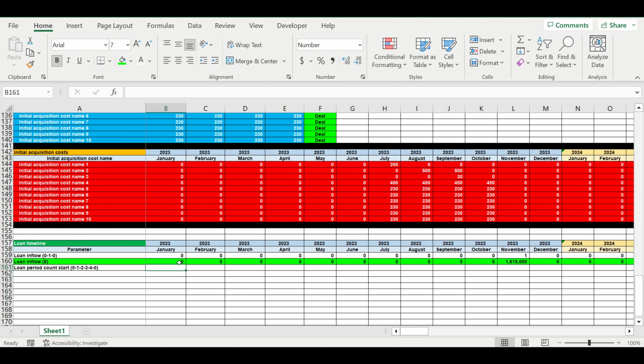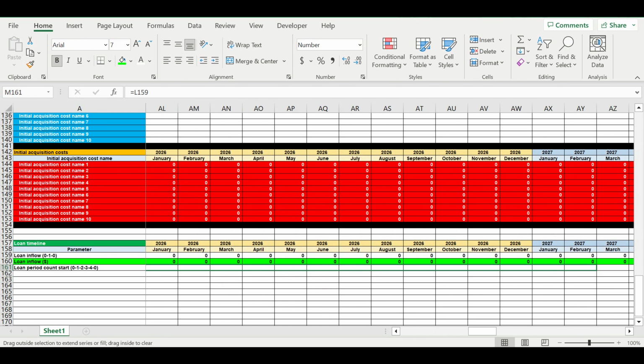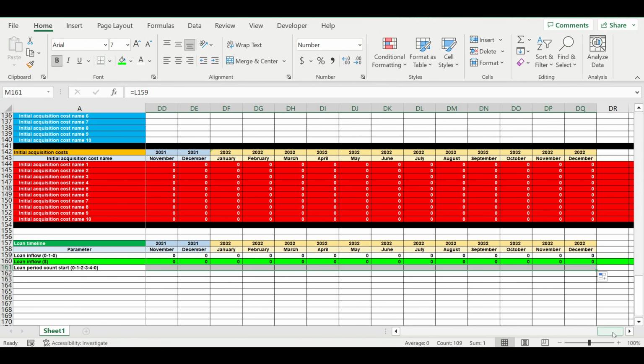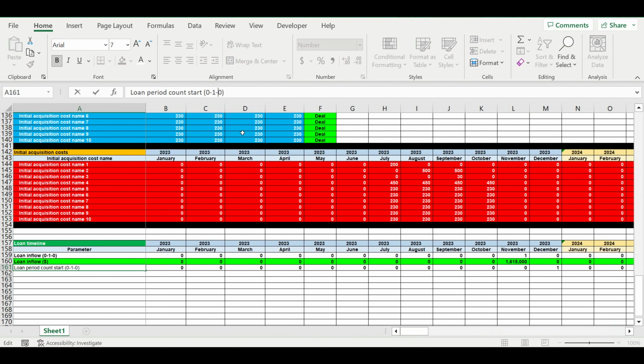The formula here will be just displacing this value here, so I will be displacing January to February. So this is the moment when we start counting the months of loan. So this will be 0, 1, 0.